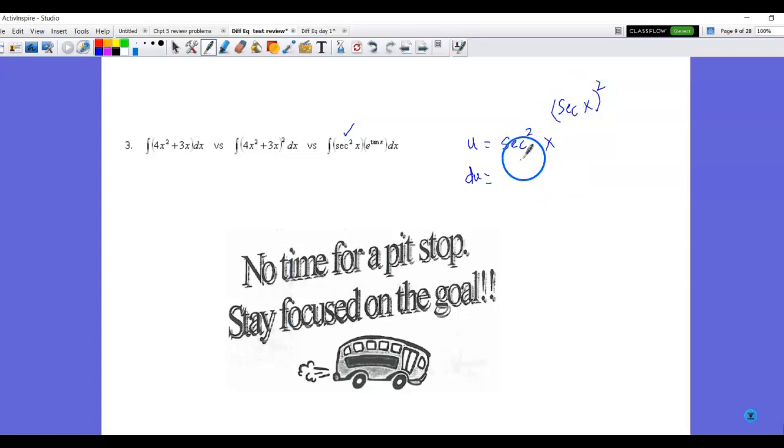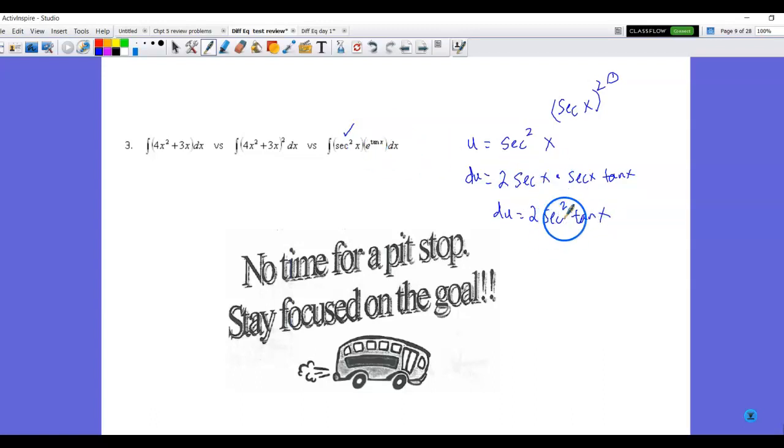So the derivative of secant squared x is 2 secant x, leave the inside alone, so that's the first part of the chain rule, times the derivative of secant x, which is secant x tangent x, which when simplified gives me 2 secant squared x tangent x.